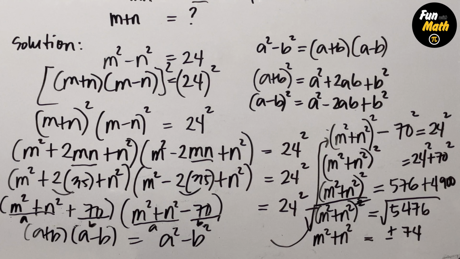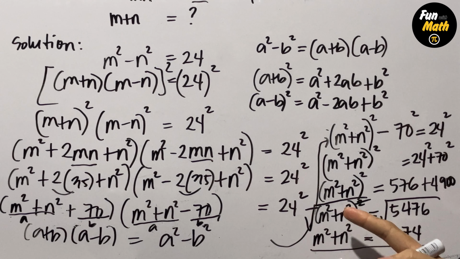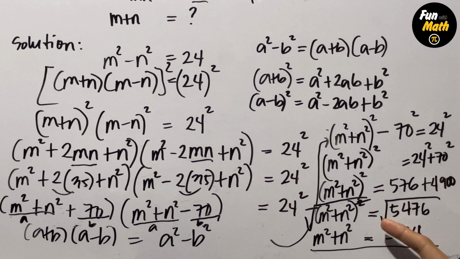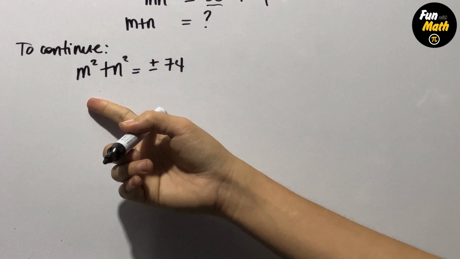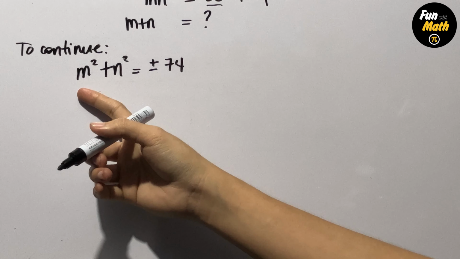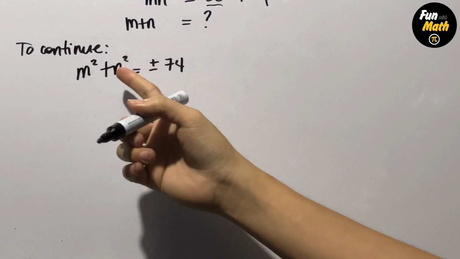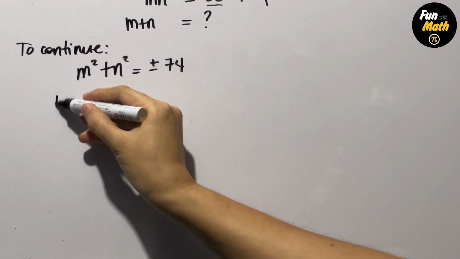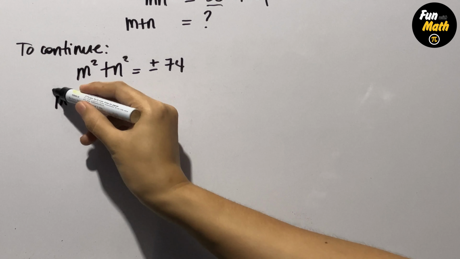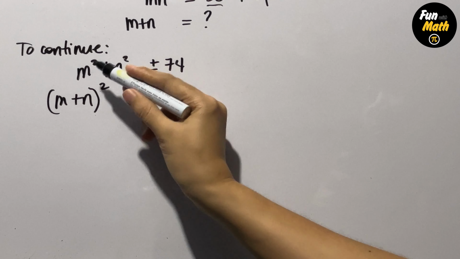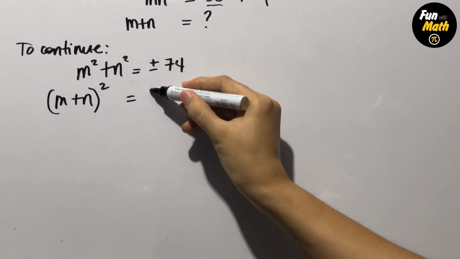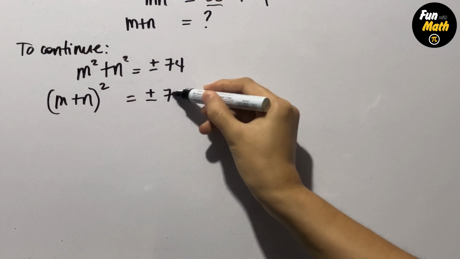So this is the value for m squared plus n squared, which is positive negative 74.